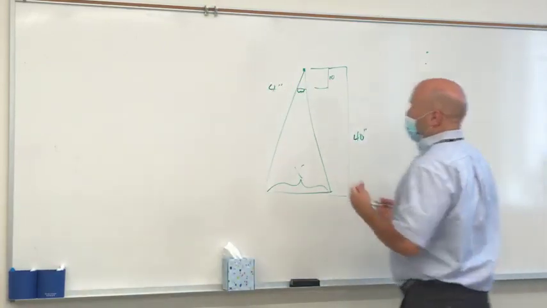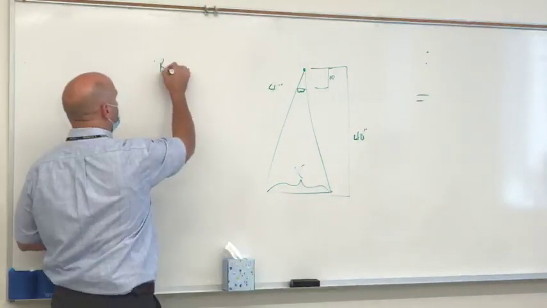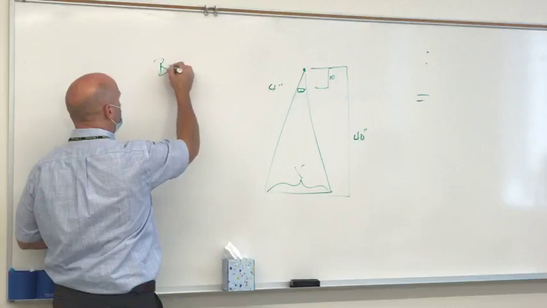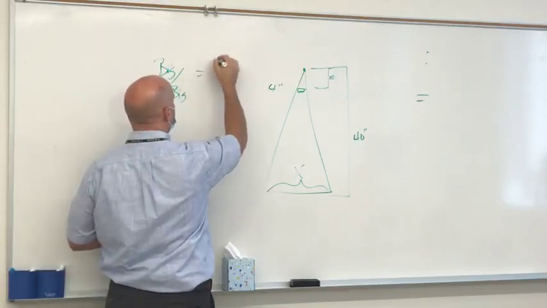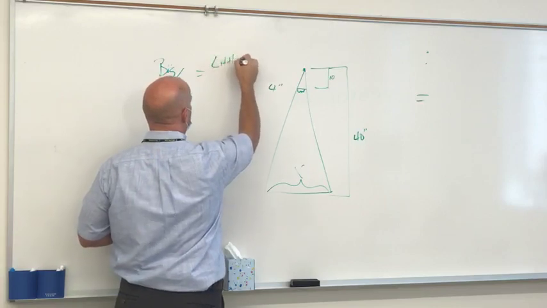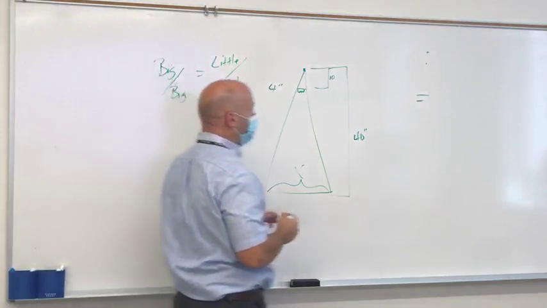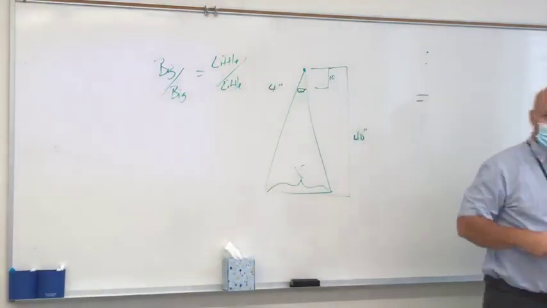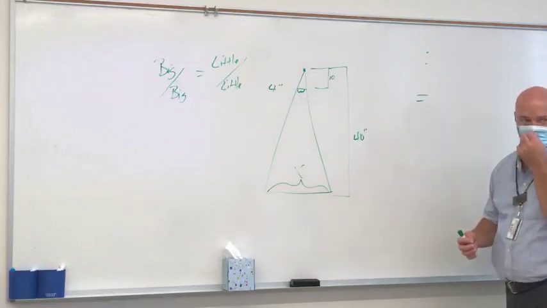This is jumping ahead a bit, but the easiest way to set this up is big over big is equal to little over little. We've got 2 long distances and 2 short distances.